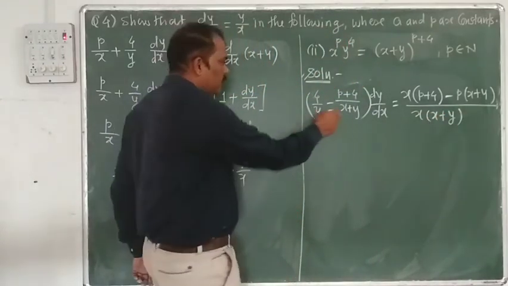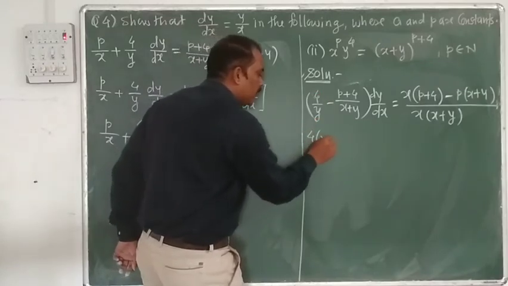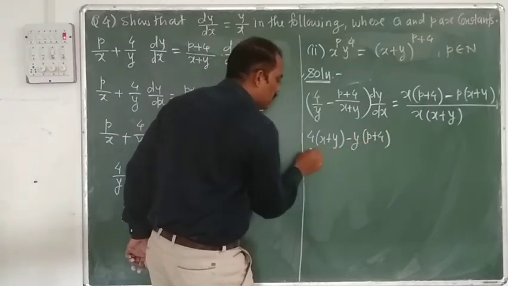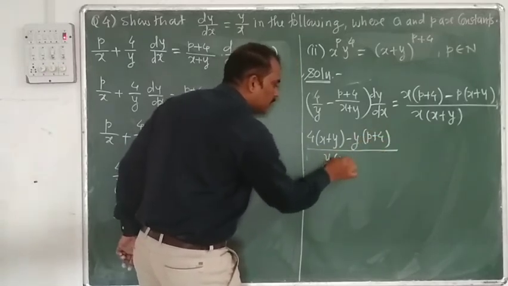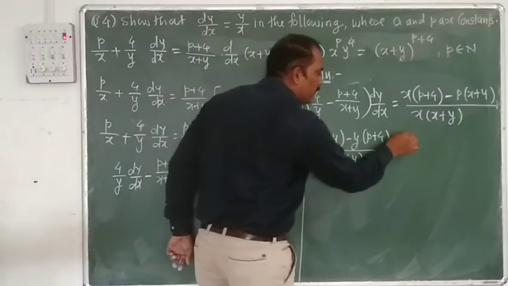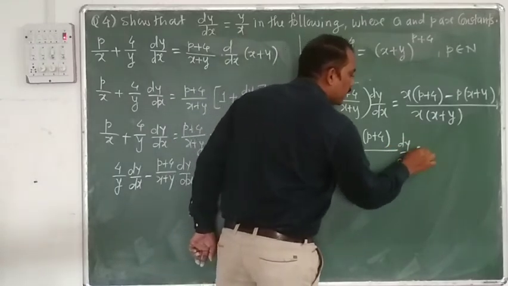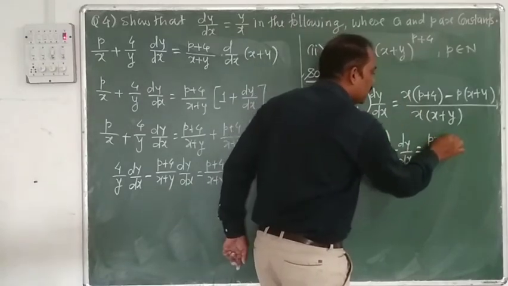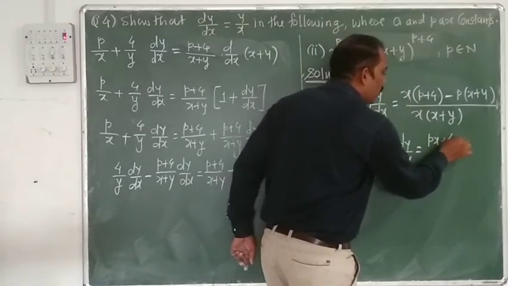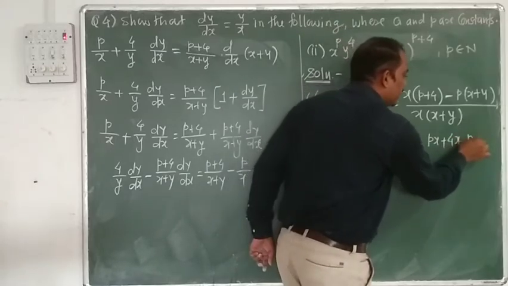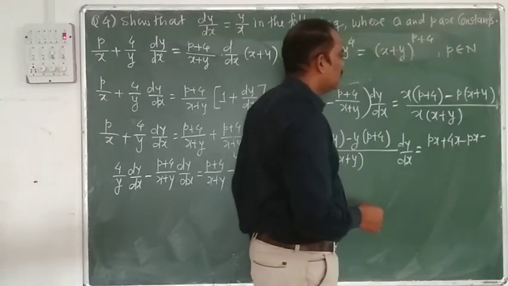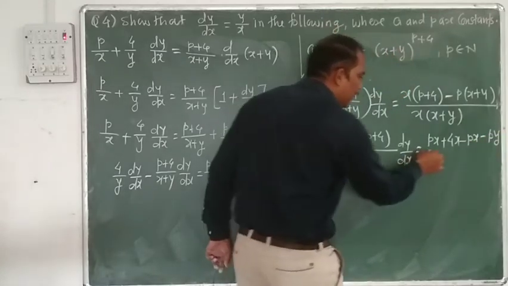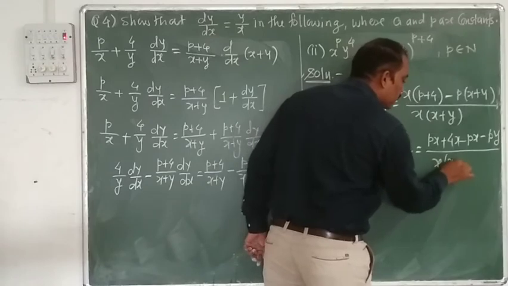Okay, now take the cross multiplication: 4 into (x plus y) minus y into (p plus 4), divided by y into (x plus y), into dy by dx is equal to, if you multiply inside the bracket, what do we get: px plus 4x minus px minus py, divided by x into (x plus y).